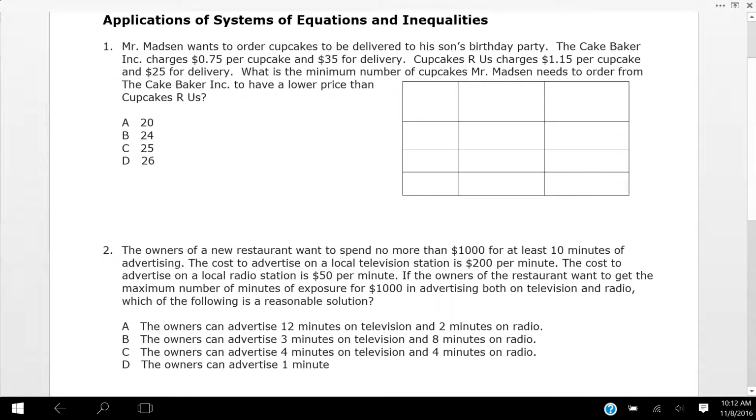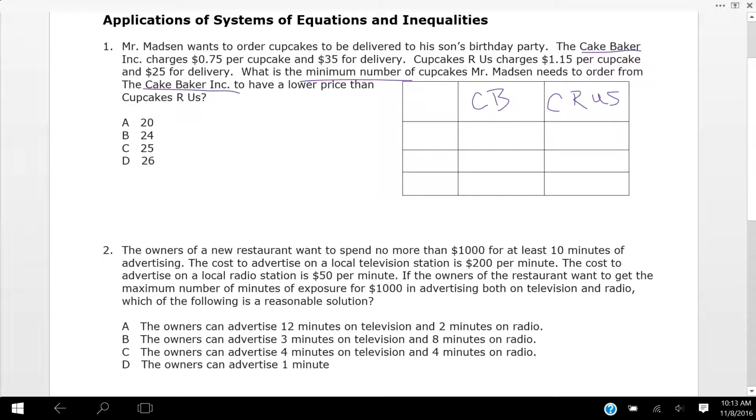As soon as I look at the problem, I see Cake Baker, Cupcakes Are Us. I see all the information. I'm looking for the minimum number so that this one is cheaper.